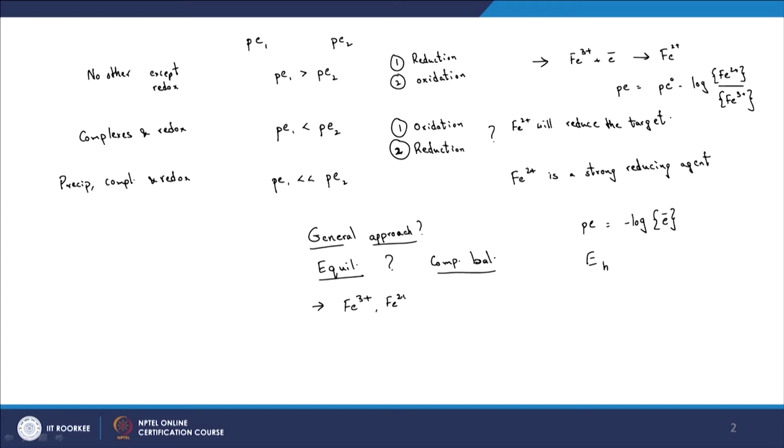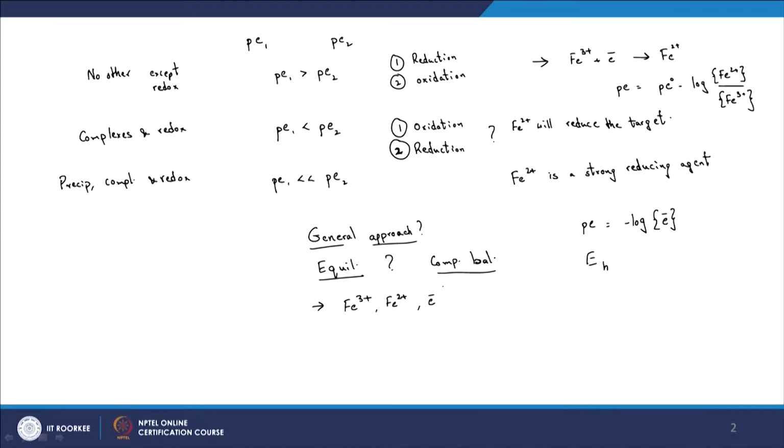But how would you account for these redox reactions? In such a case, you will choose the electron as one of the components too. You will consider that the relevant concentrations of these electrons are relatively low, or negligible. But choosing these electrons as one of your components will help calculate the system.